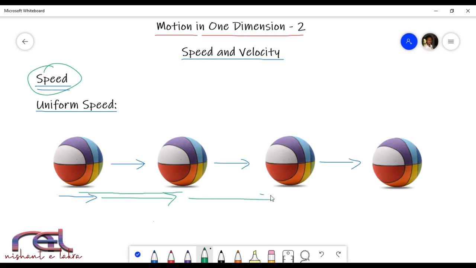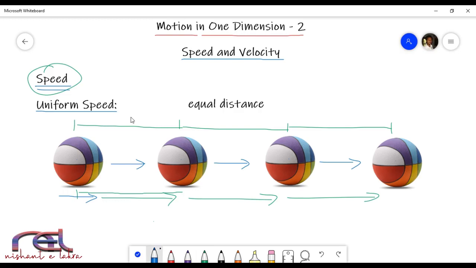I've just represented it at different distances. Here is what I want you to understand. You are seeing 3 different instances or 3 different locations of a single volleyball, right? And all of these are separated by equal distance, 1 meter, 1 meter, and 1 meter.